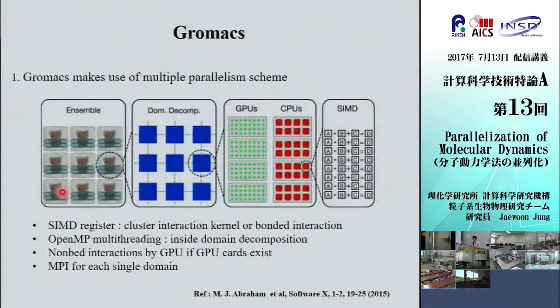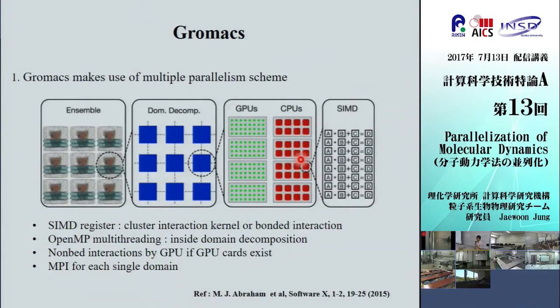For ensemble calculation, they generate many replicated data for the replica exchange method or metadynamics method and so on. So they first assign processors to each replicated data. And for each one, they assign domain decomposition using MPI. And for each domain, if there are GPUs, they distribute work between GPU and CPU.